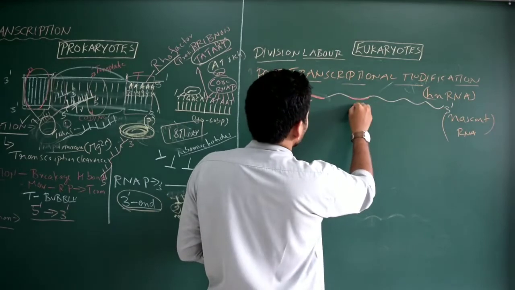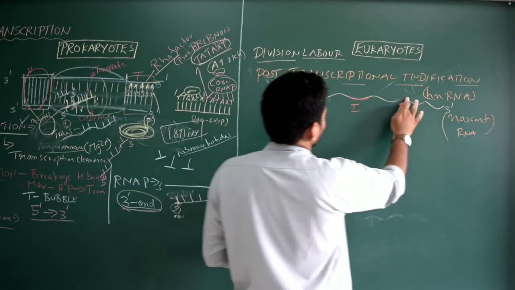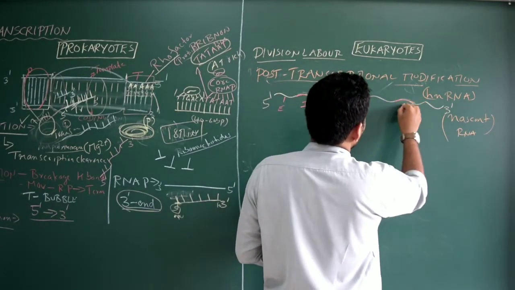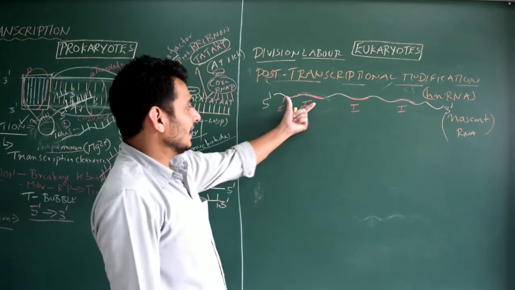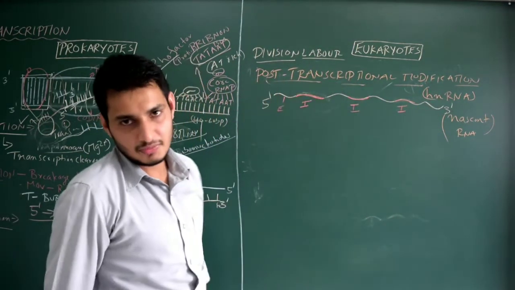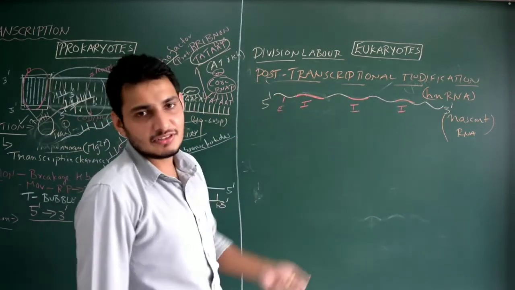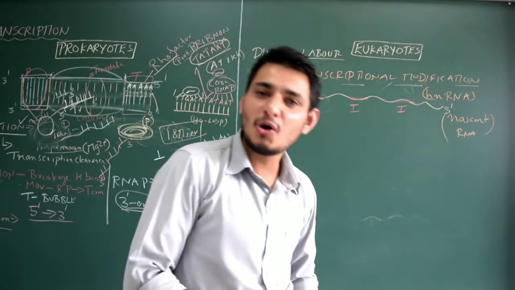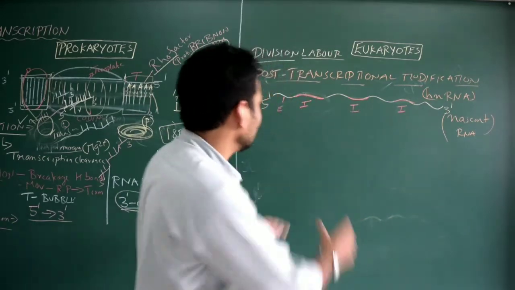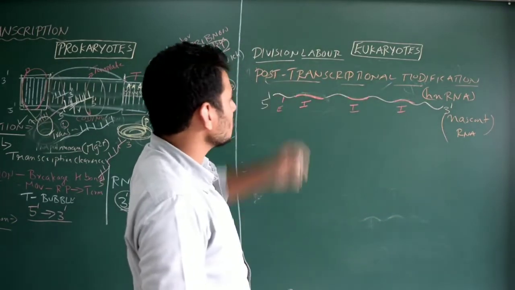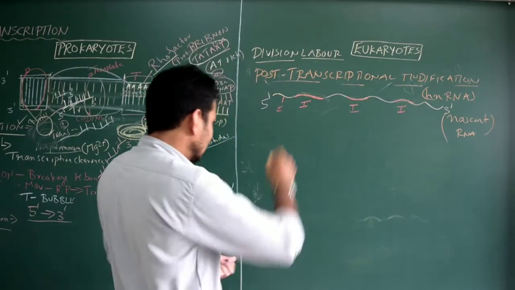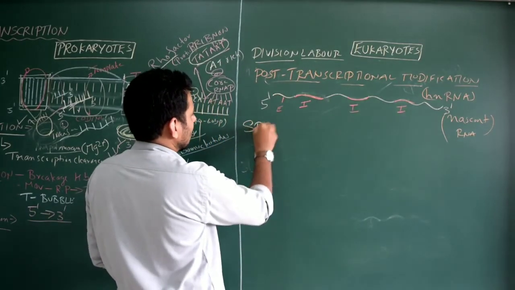See, this is introns, yellow color is exon, again introns, like that. The enzymes should remove the introns, otherwise the protein synthesized will have abnormal amino acids. So how can I remove this? The process is called post-transcriptional modification. It is also called splicing. Remember this?